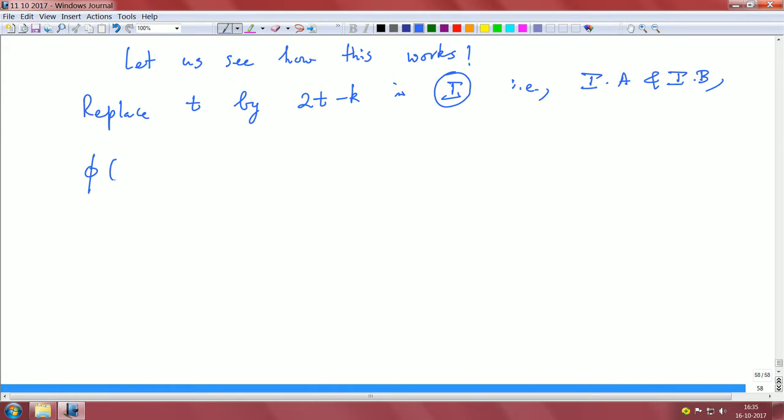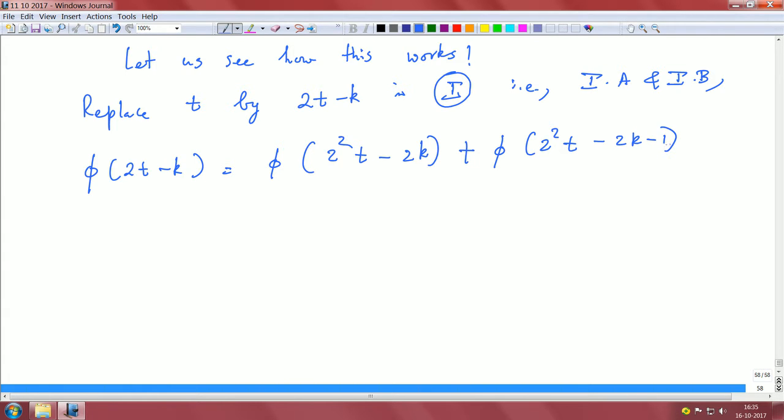What we get is phi of 2t minus k is phi of 2 square t minus 2k plus phi of 2 square t minus 2k minus 1, and then we get psi of 2t minus k, which is phi of 2 square t minus 2k minus phi of 2 square t minus 2k minus 1.